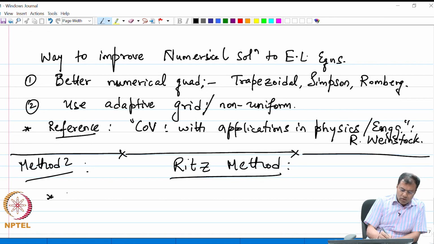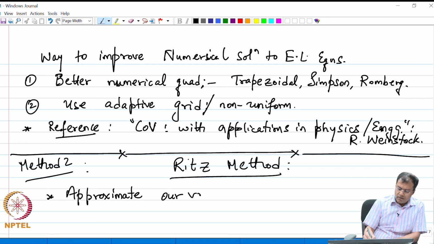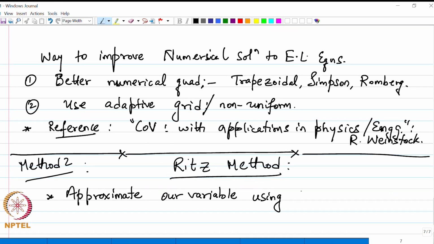We are going to approximate our variable using a family of linearly independent functions.